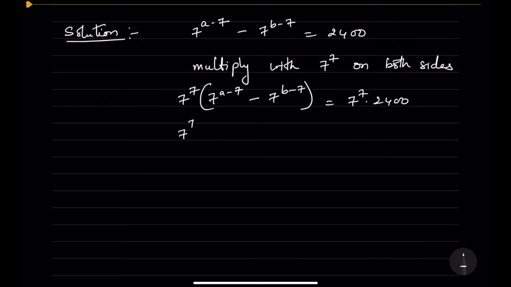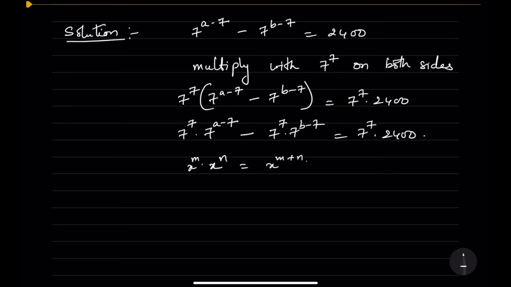So taking the 7 to the power of 7 inside, you get 7 to the power of 7 into 7 to the power of a minus 7 minus 7 to the power of 7 into 7 to the power of b minus 7 is equal to 7 to the power of 7 into 2400. Now here we can use the exponent rule: x to the power of m into x to the power of n is equal to x to the power of m plus n.